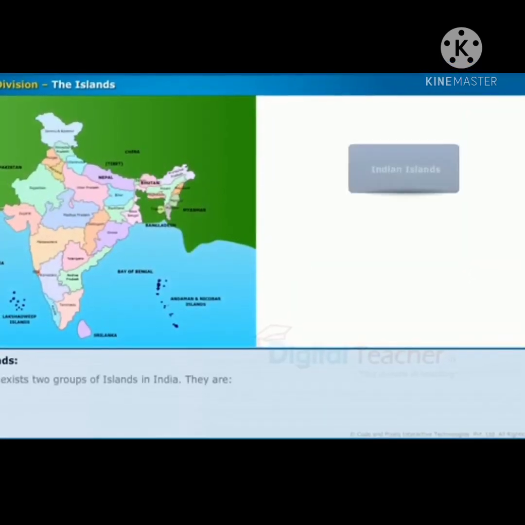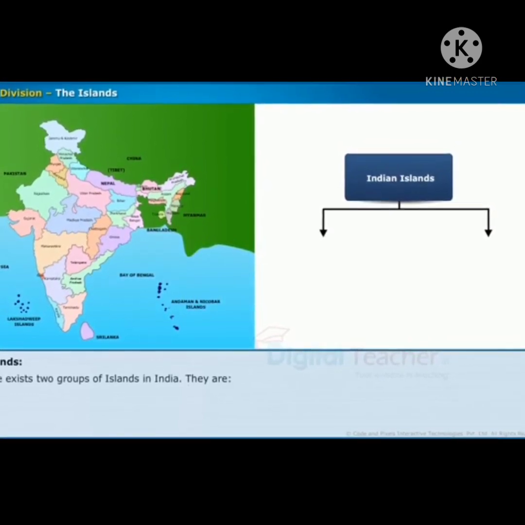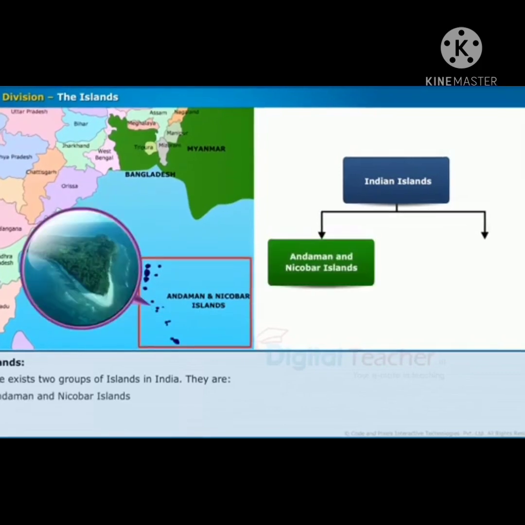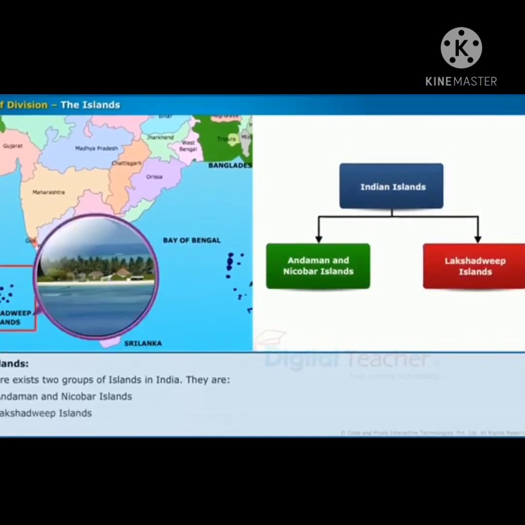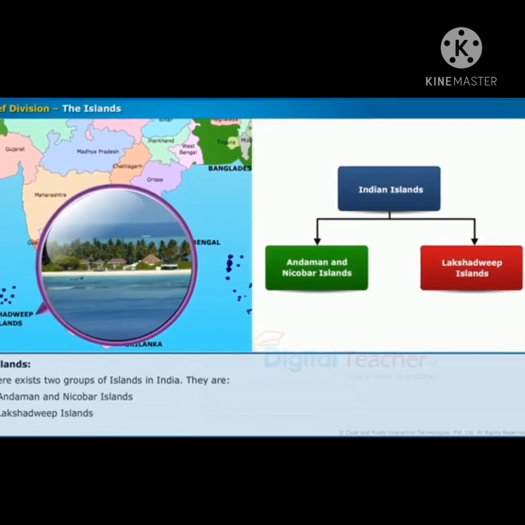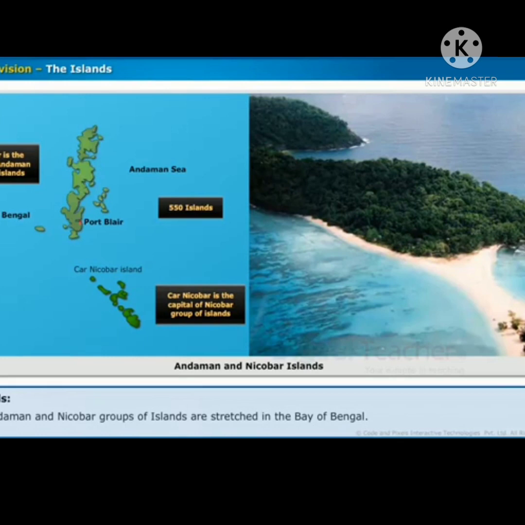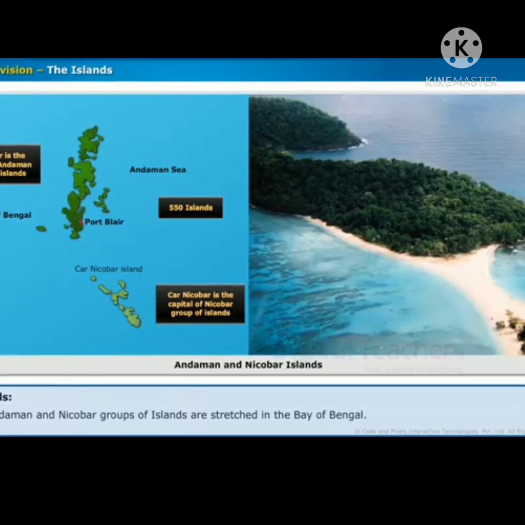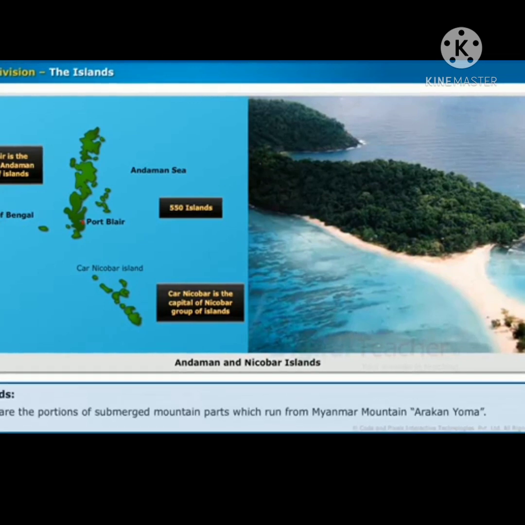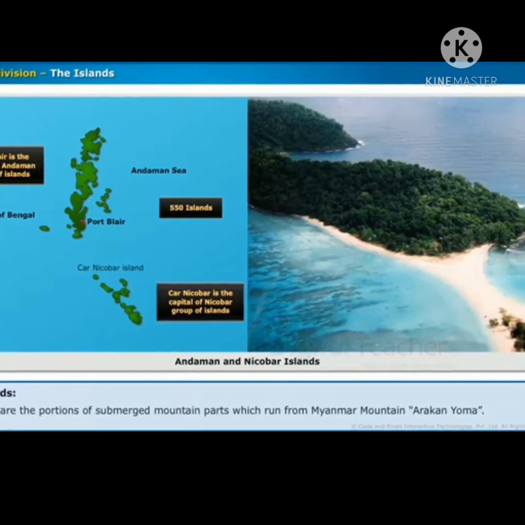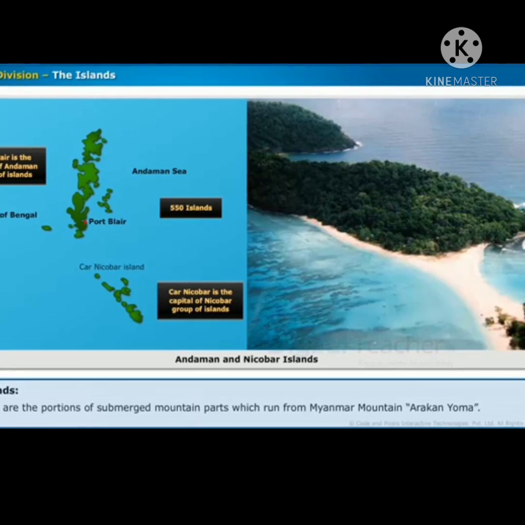There exist 2 groups of islands in India. They are Andaman and Nicobar Islands and Lakshadweep Islands. Andaman and Nicobar Islands is an elevated portion of submerged mountain parts running from the Myanmar mountain Arakan Yoma.